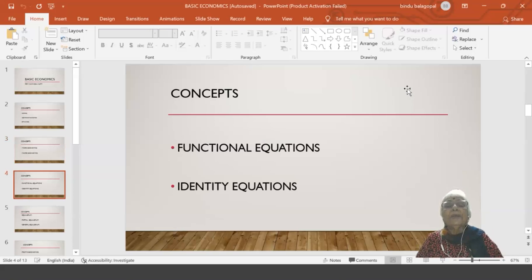You are dealing with equations in economics. There are functional equations and identity equations. When you are thinking of one variable as a function of another, you are saying that this depends on the other. For example, price is considered as an independent variable. There is price fluctuation. And then in response, the quantity demanded will change. Price rises and the quantity demanded falls.